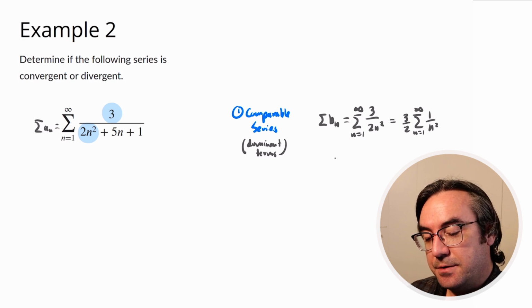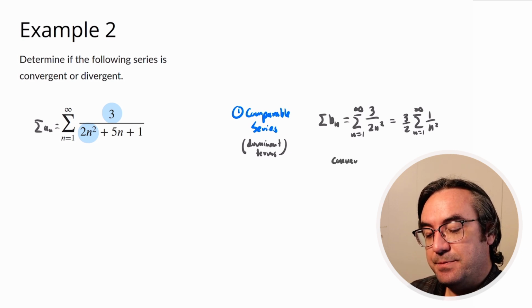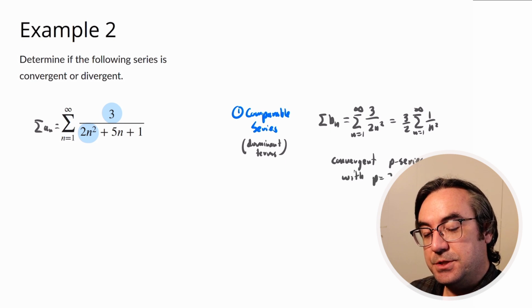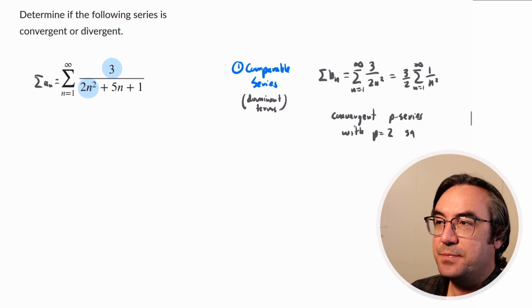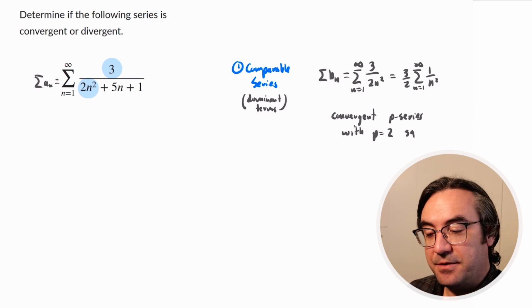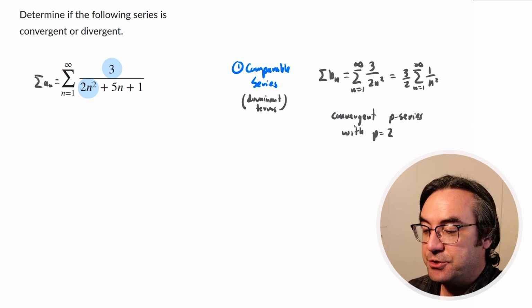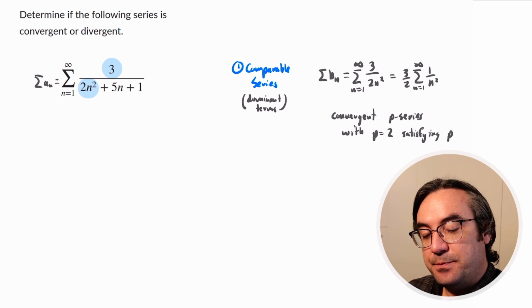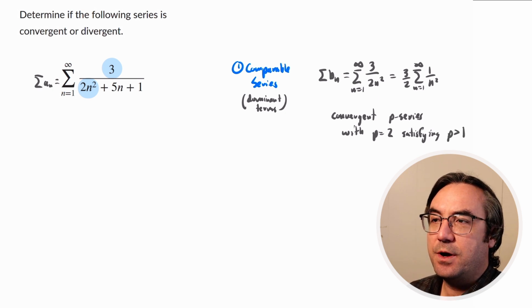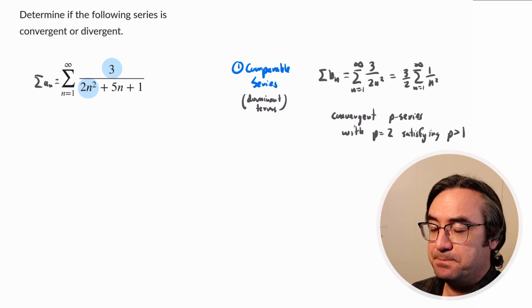So what we have here is a convergent p-series with p equal to 2, and again, state our usual routine for these geometric and p-series. The p-value has to be greater than 1 for a p-series to be convergent.